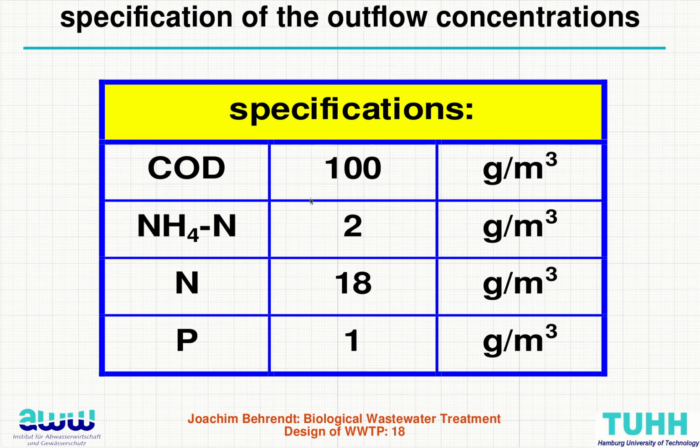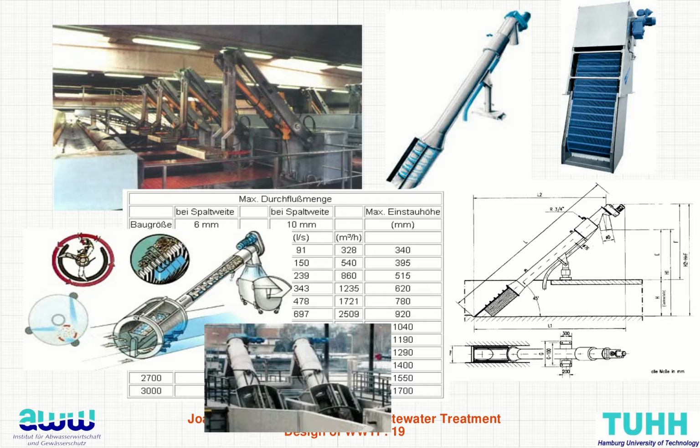Finally, the next thing is we have to specify what quality we need. Also there we say we have 100 grams per cubic meter COD, less than 2 grams per cubic meter ammonia N. Total N should be below 18 and P below 1 gram per cubic meter. And then we go through the wastewater treatment plant.